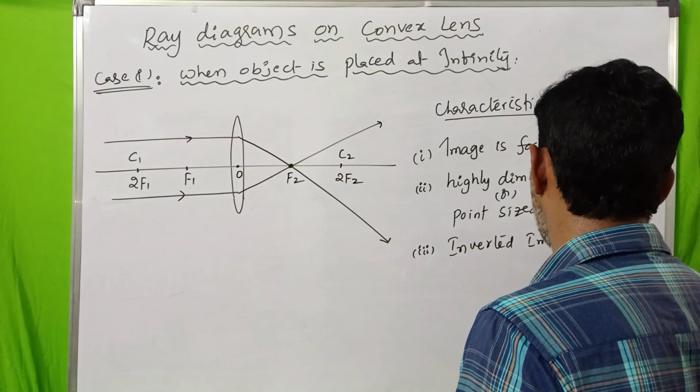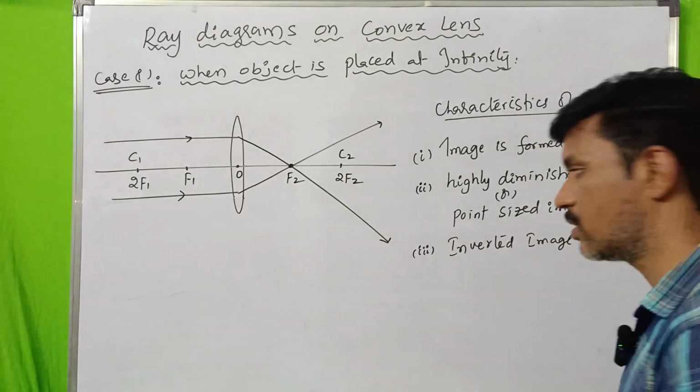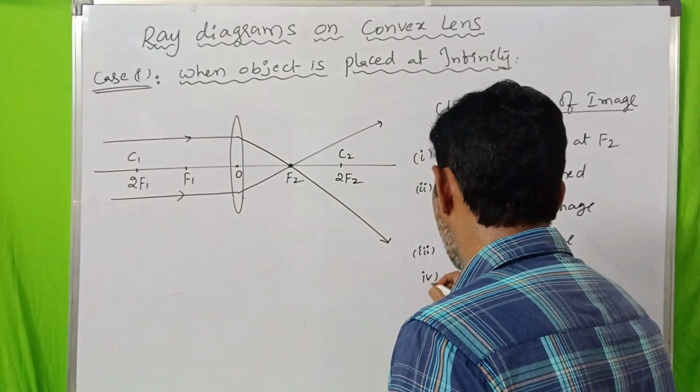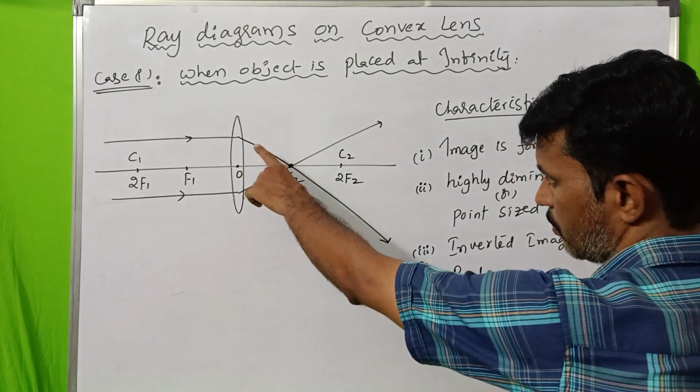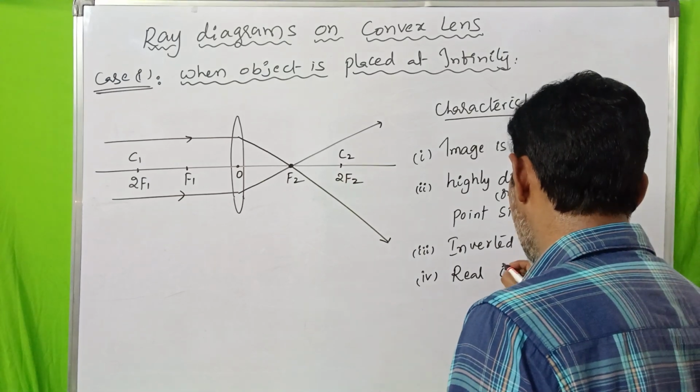Actually, since it is a point we can't identify that it is inverted, but it is inverted a little bit. The fourth one is a real image, because it is formed by the actual refracted rays.